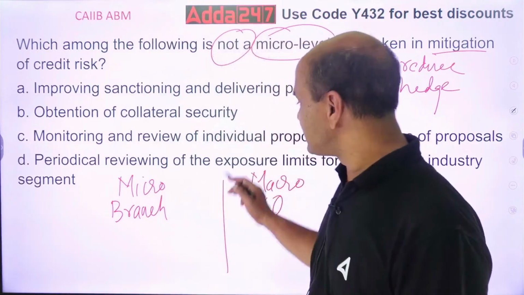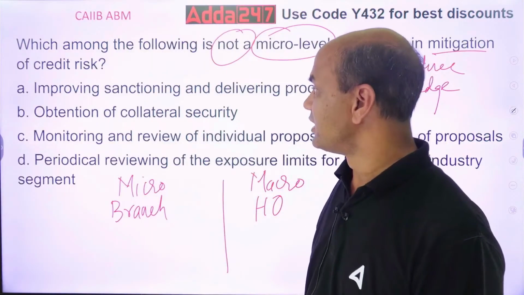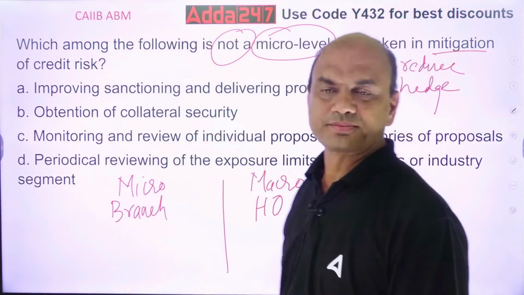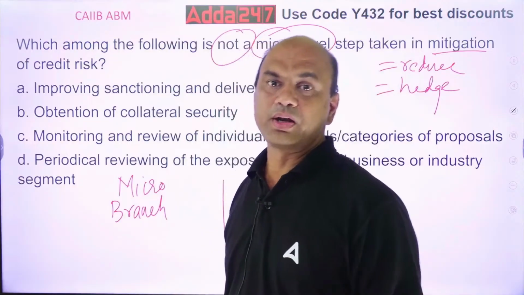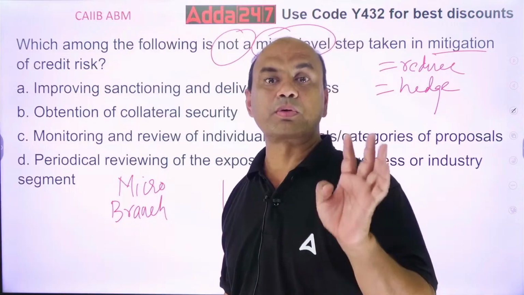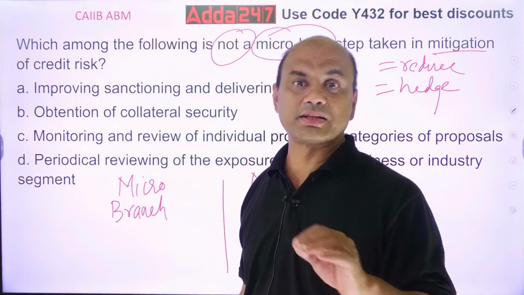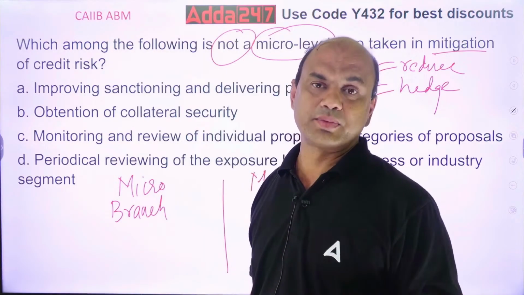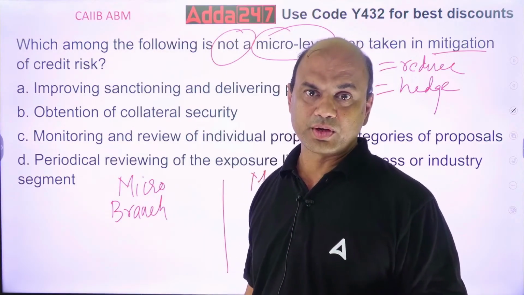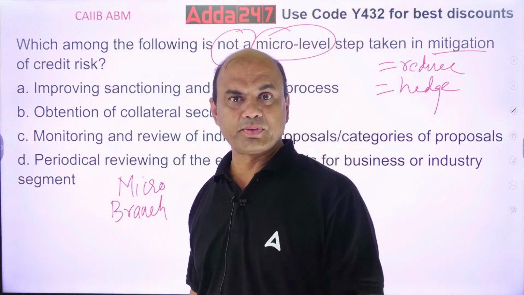So, at branch level, what do we do is, number one, we'll take a collateral. We'll do proper analysis of the loans. We'll do the management analysis. We'll check the persons behind the company. And legal documentation. All these three parts we'll be doing.